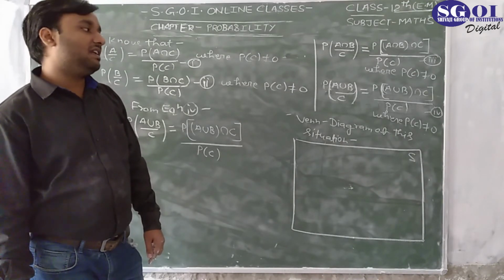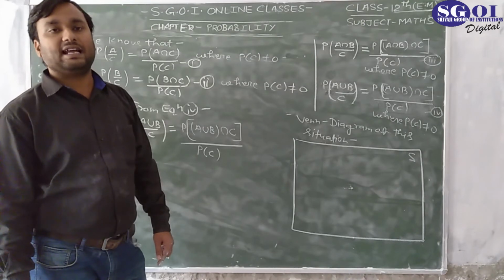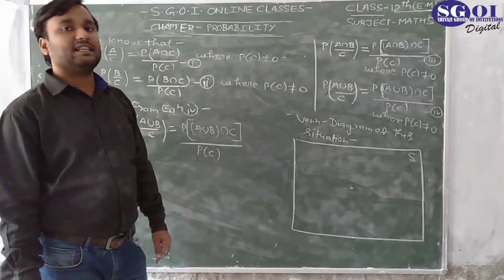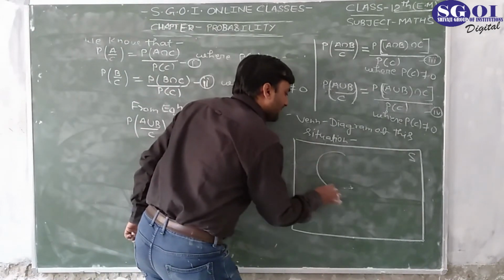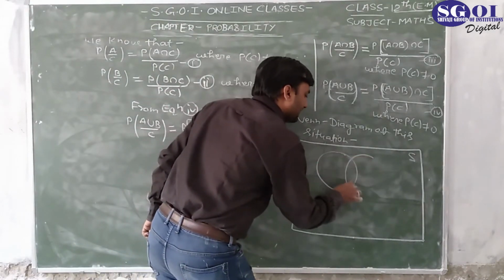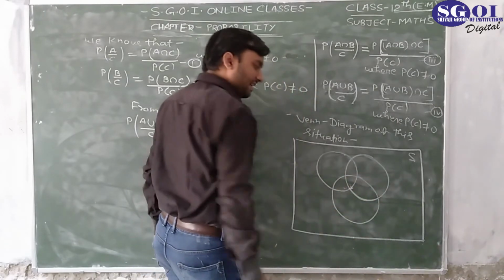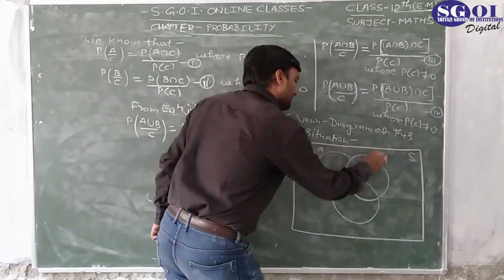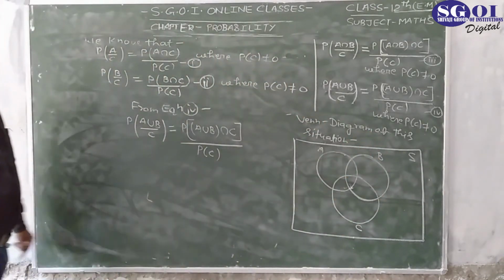So we will construct circles in this manner such that each two circles have common portion. That is, the figure of A, B, and C is like this. This is A, this is B, and this is C circle. Okay.